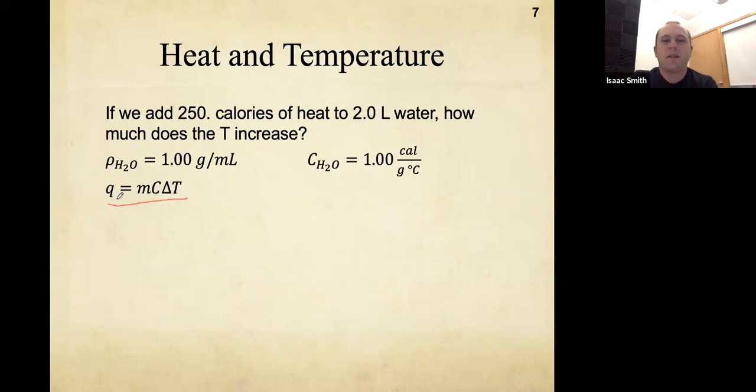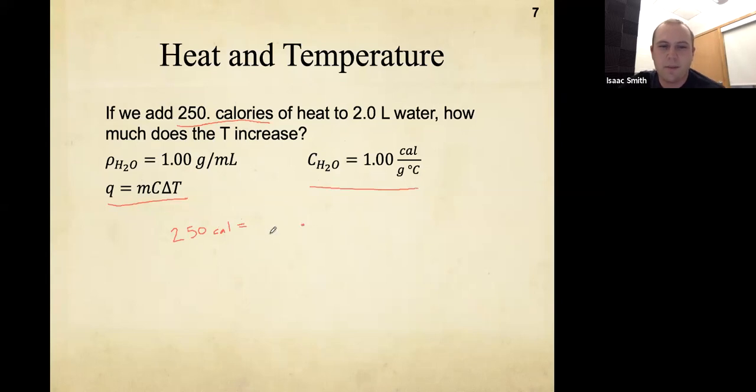Q is going to be the amount of heat, and in this case, it's given to us, 250 calories. So 250 calories is equal to, we need the mass, and we're not given the mass in the problem here. We need C, which is the specific heat, which we are given, that's right here.